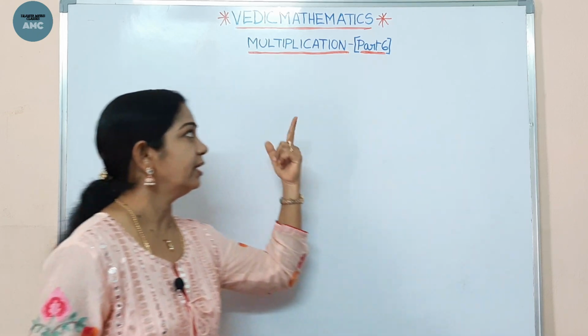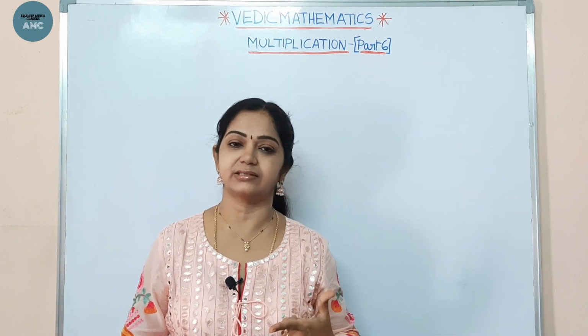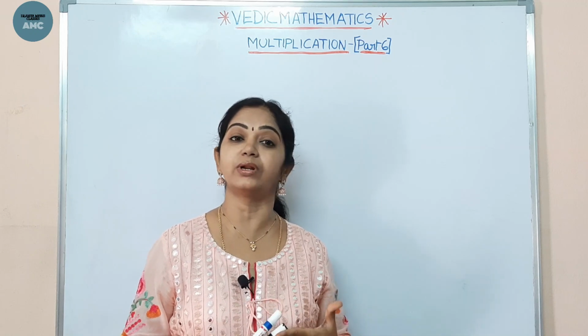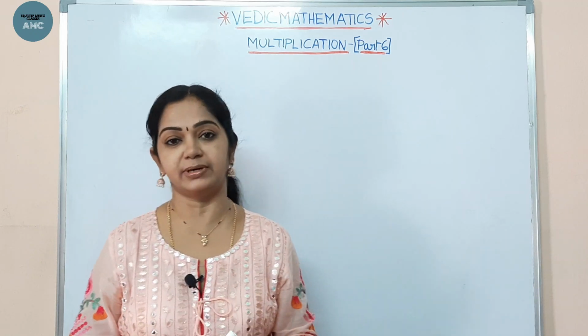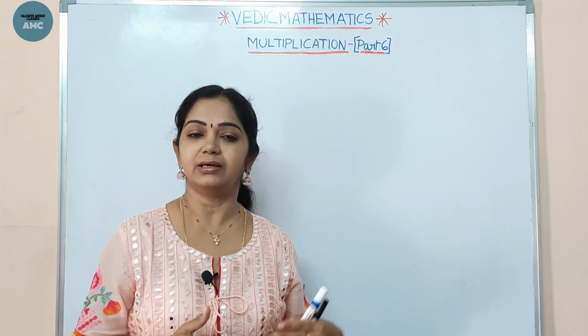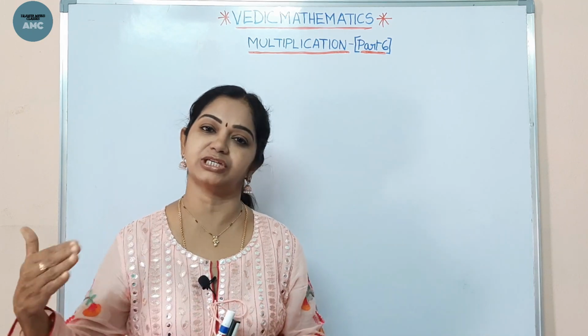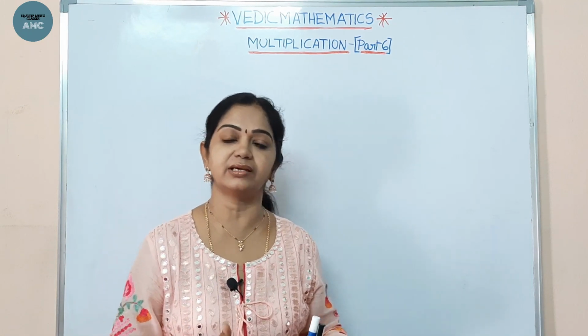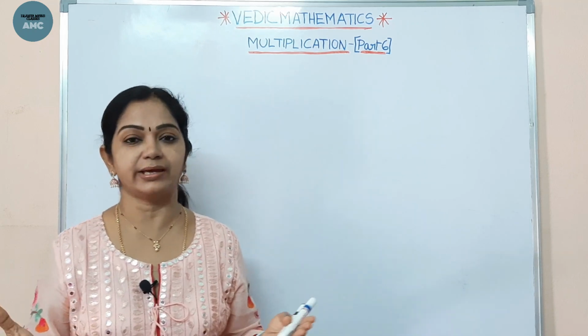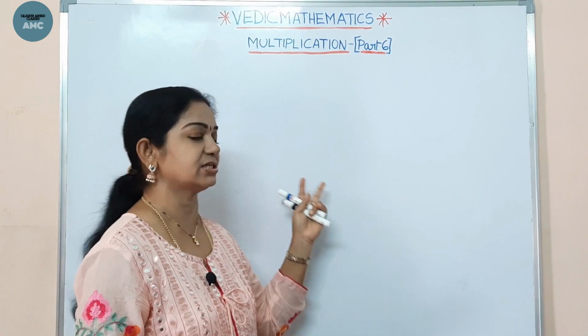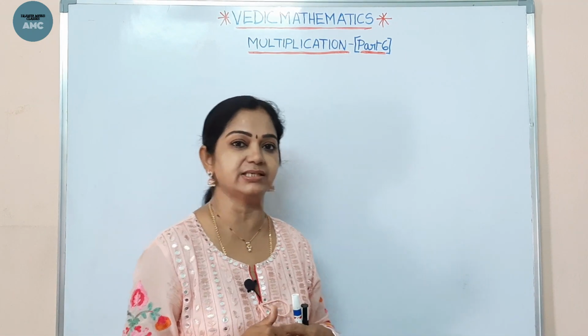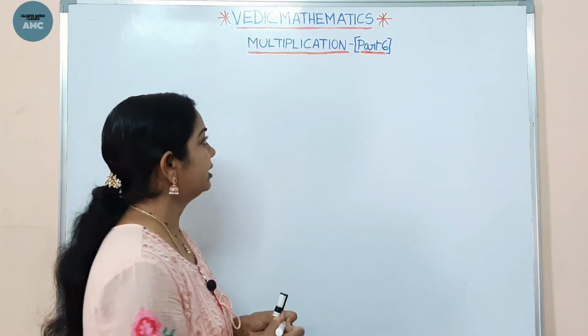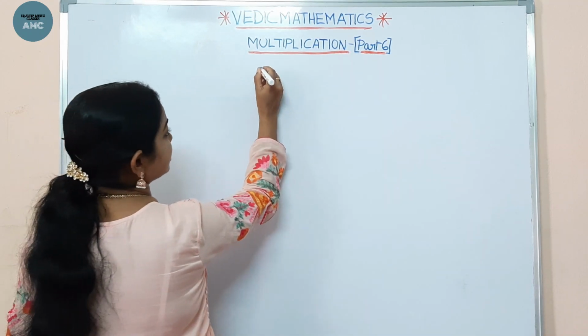Now, the specific techniques are only for special kinds of numbers, whereas general techniques are for all kinds of numbers. So, in the specific techniques, today we will do multiplication by the teens.